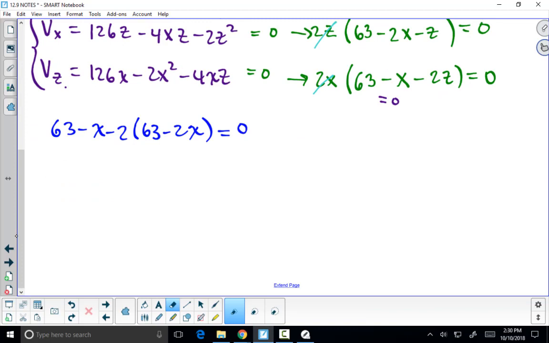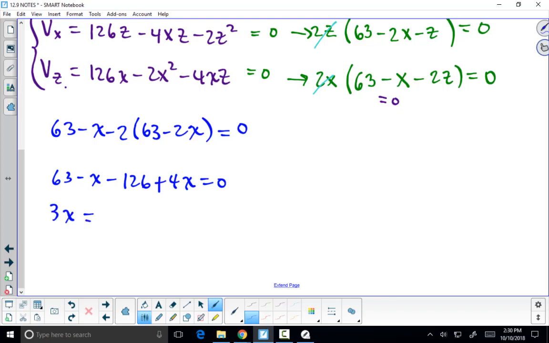So we have 63 minus x minus 126 plus 4x is equal to 0. That gives us 3x is equal to something. That's minus, so it's 63. So x is 21.